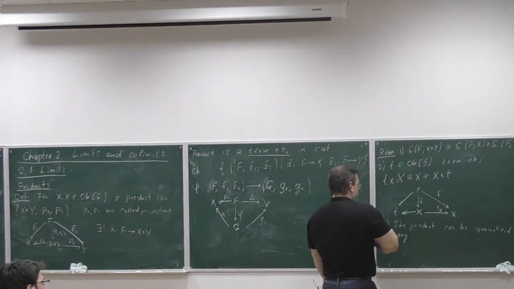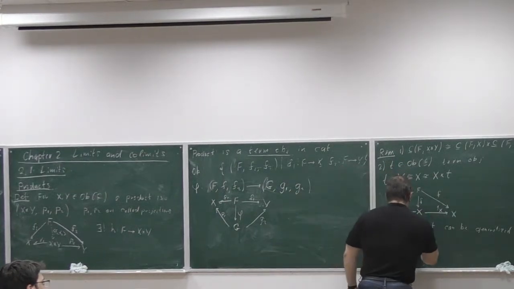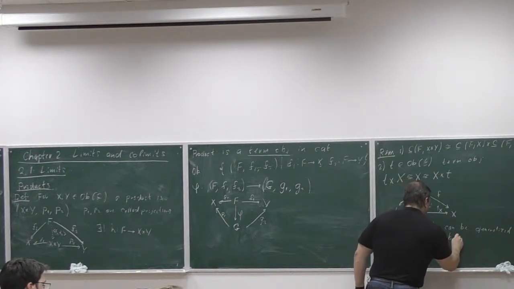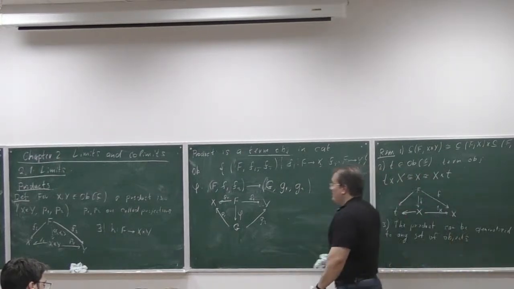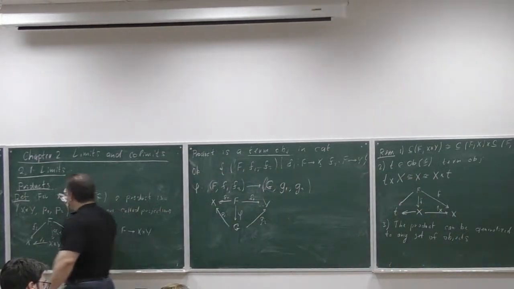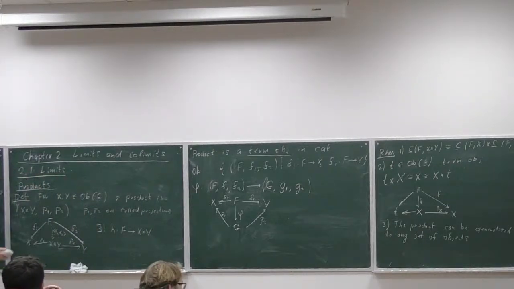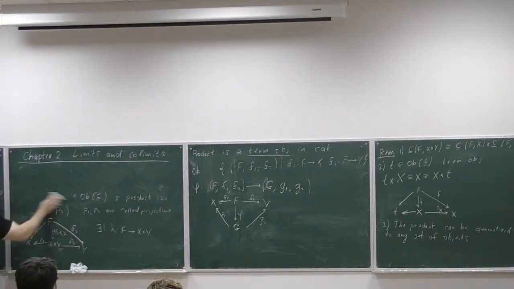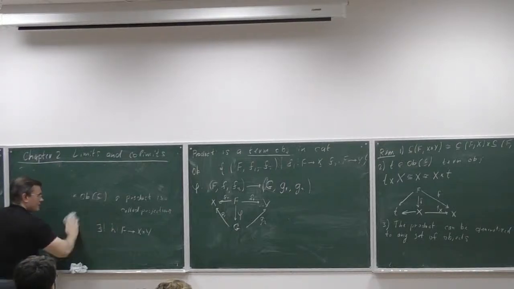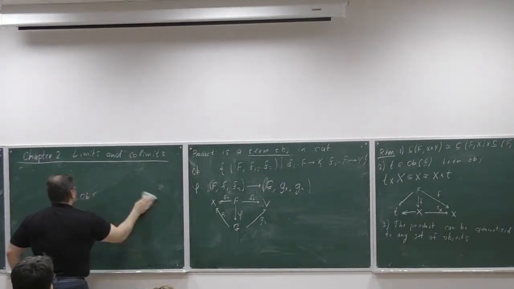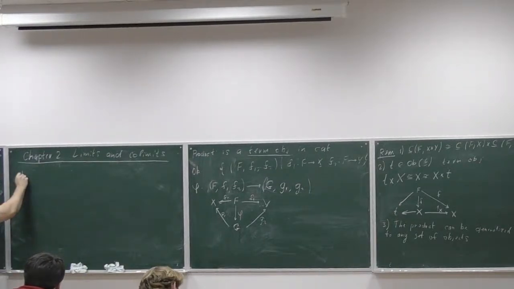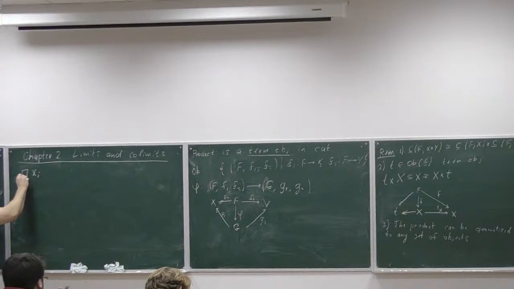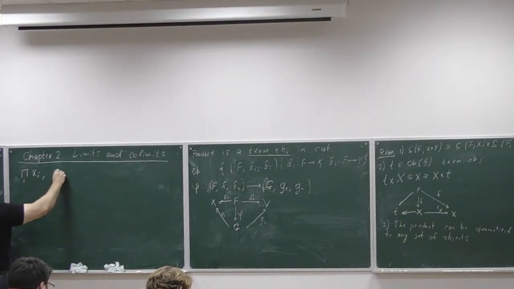Okay, so the product can be generalized to any set of objects. Clearly, if you have two objects and this definition, you can do the same for any set of objects. Then you'll get a product of objects with canonical projections.